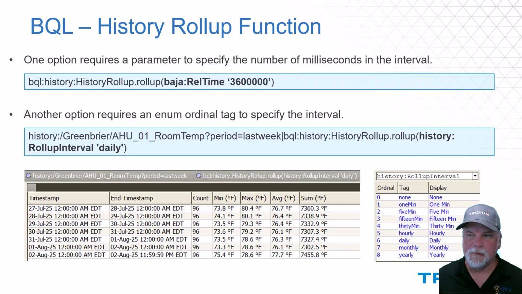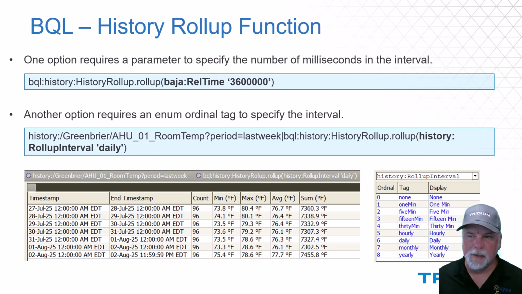We also have support for a rollup function using an enum. In the second example, this is a case I mentioned in one of the earlier videos about the extents, where we might want to use the history ID as part of the base ord instead of using the from extent keyword. We can limit the period of the data being returned. We talked about this in the video on the predicate portion, so we can limit the history records to, say, last week.